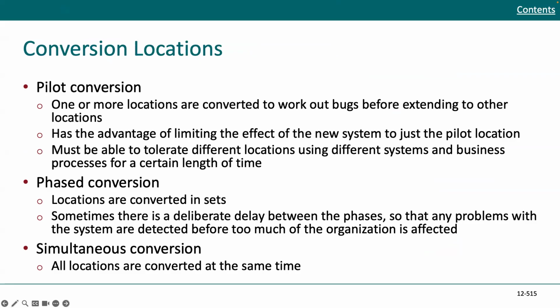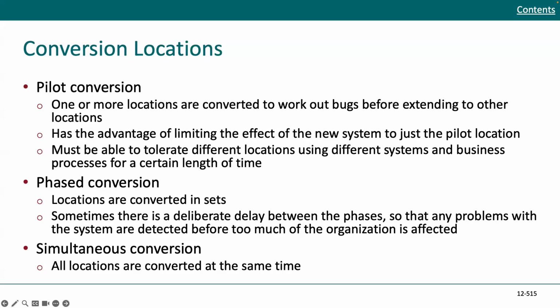In terms of the locations, you can have a pilot conversion where one or more locations are converted to work out the bugs before extending to the other locations. This has the advantage of limiting the effect of the new system to just the pilot location. It must be able to tolerate different locations using different systems and business processes for a certain length of time.